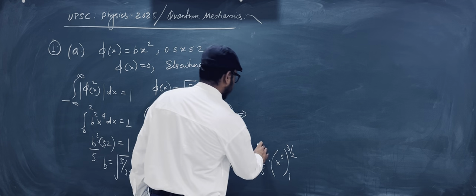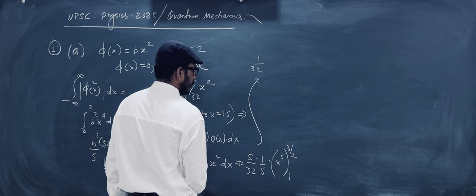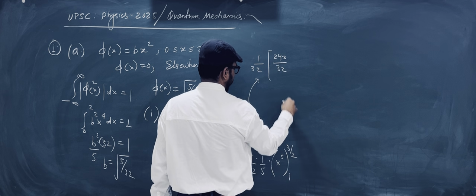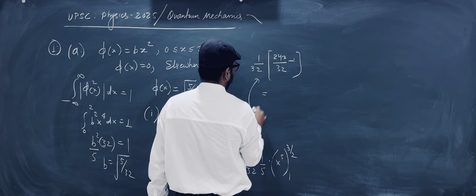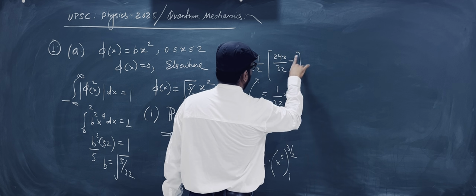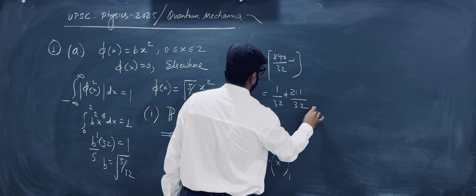So this will be 1 over 32, 5 will be cancelled out, and this will become 3 by 2 power 5, which is 3 power 5 is 243 upon 32, minus 1. This can be written as 1 over 32 into 243 minus 32, which is 211 over 32.